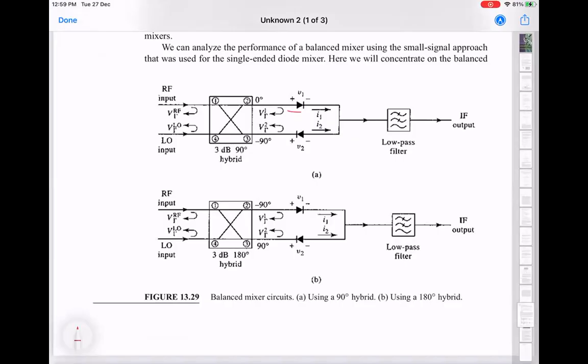I think most commonly used designs are double or triple balanced mixers, which use like 4 diodes or 8 diodes in their full design, and they're sort of like a Wheatstone bridge.